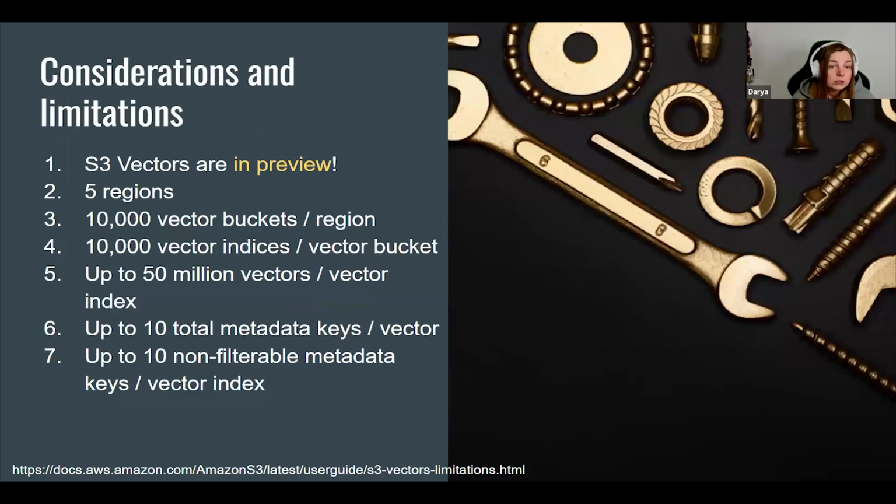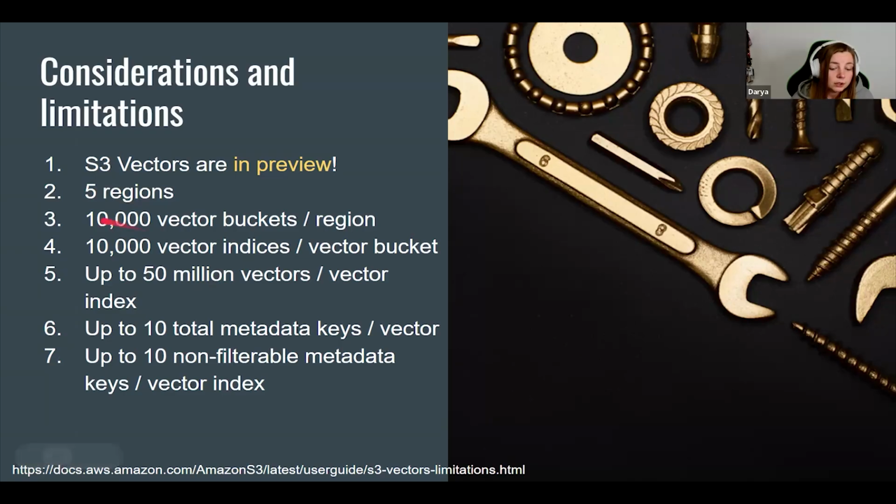And finally, I wanted to mention a couple of considerations and limitations you need to keep in mind. S3 vectors are still in preview, so some things can change until they are generally available. Currently, they are available in 5 AWS regions.